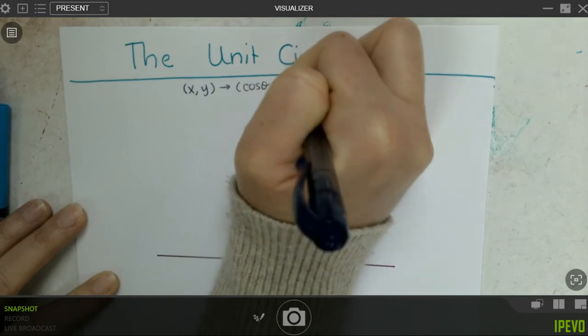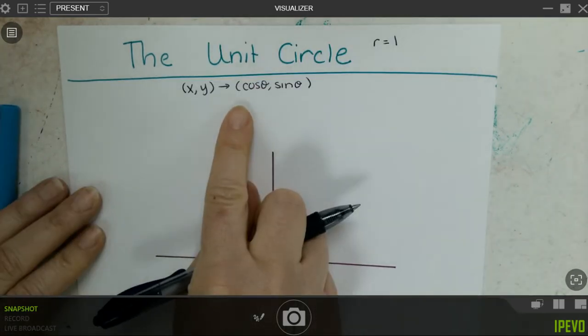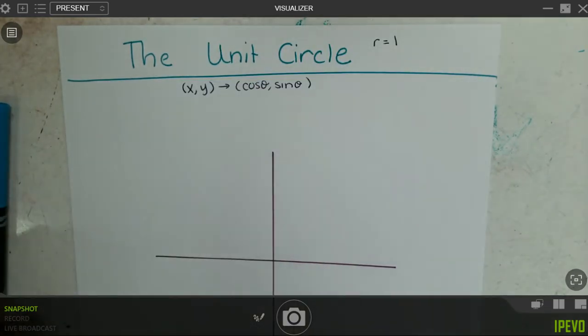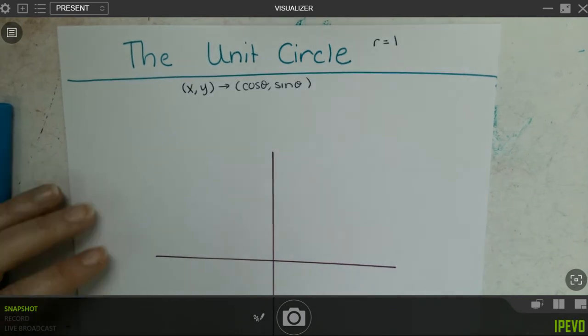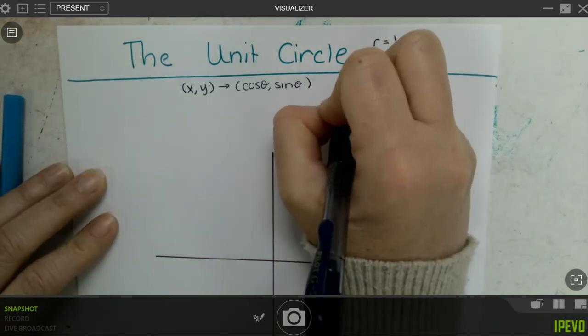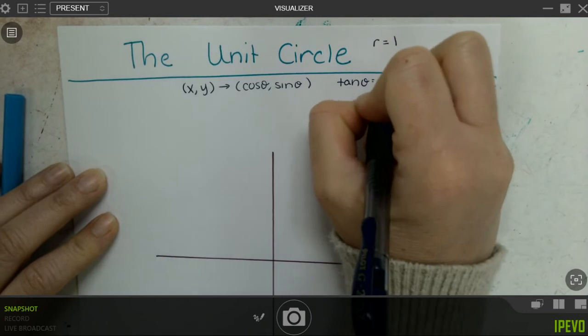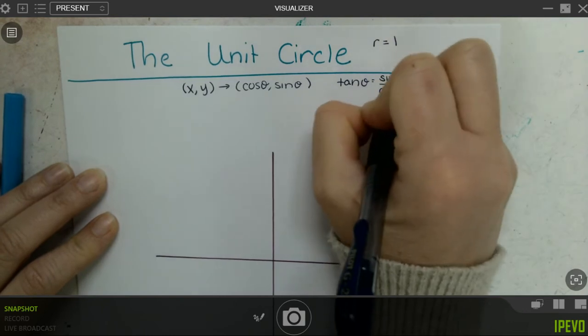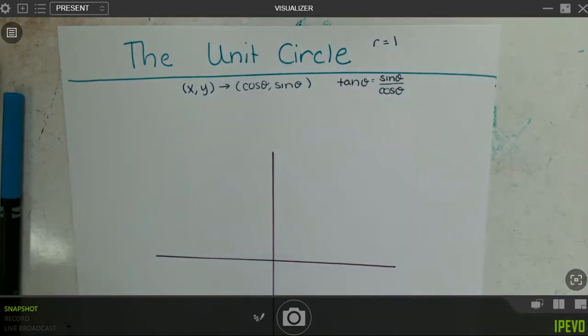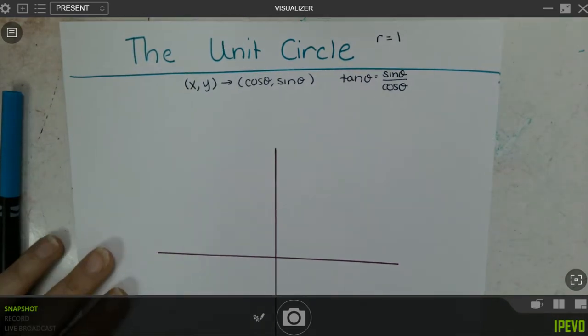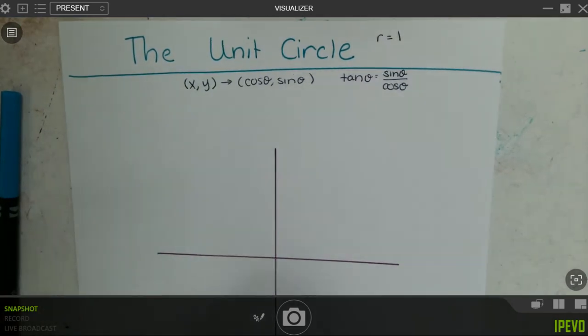This is what makes it a whole lot faster to use than constantly drawing these triangles. And tangent is equal to sine over cosine, which will make figuring out angles using the unit circle later a little bit easier. All right, so your first job is to memorize the unit circle, and after that, your job is going to be to use the unit circle to rapidly come up with numbers.